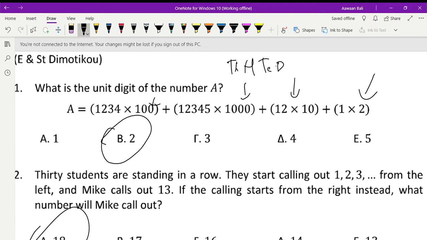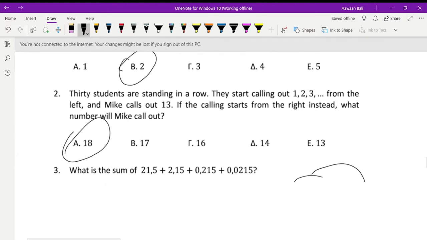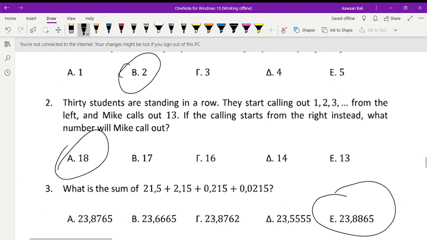So basically, the unit digit is the end, so we just have to focus on the last segment there again. It's 1 times 2, and anything times 1 is obviously itself, which means the digit will be 2, and therefore the answer is Beta.